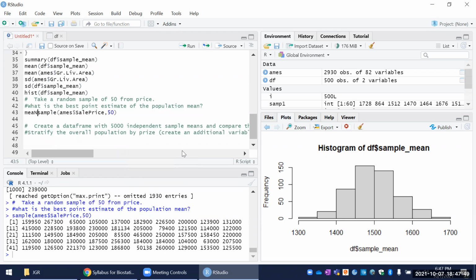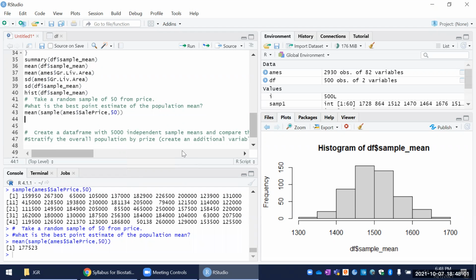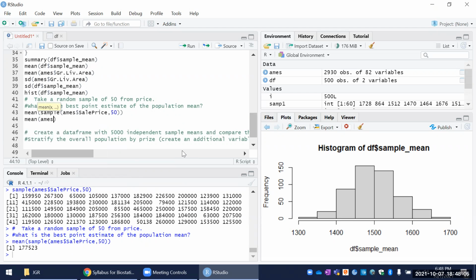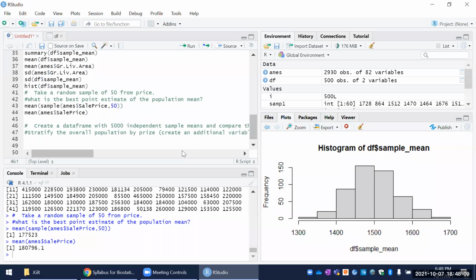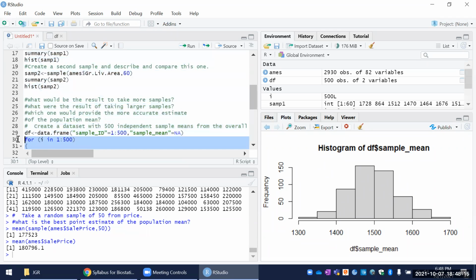We do a mean of that. We get 177,523. What's the mean of Ames sales price? 180. So you see that the differences are definitely this.